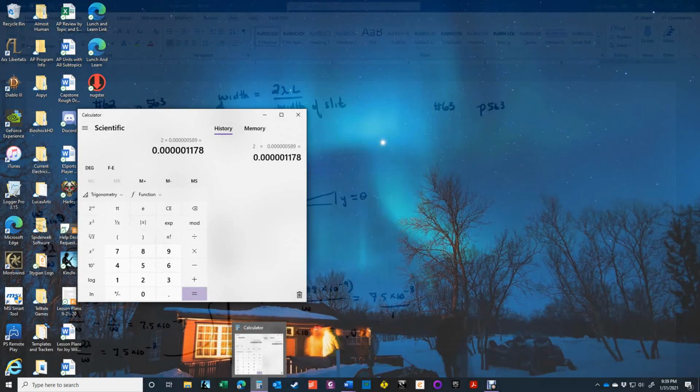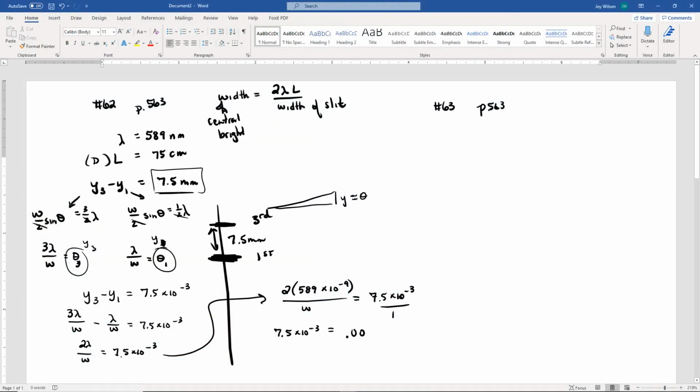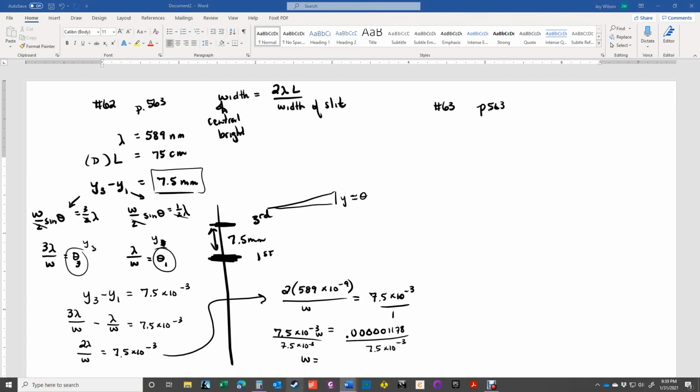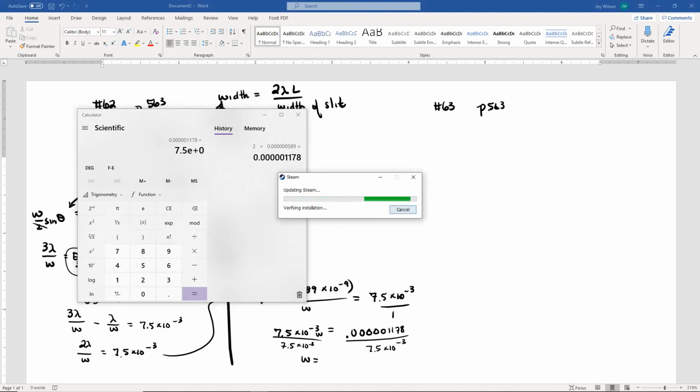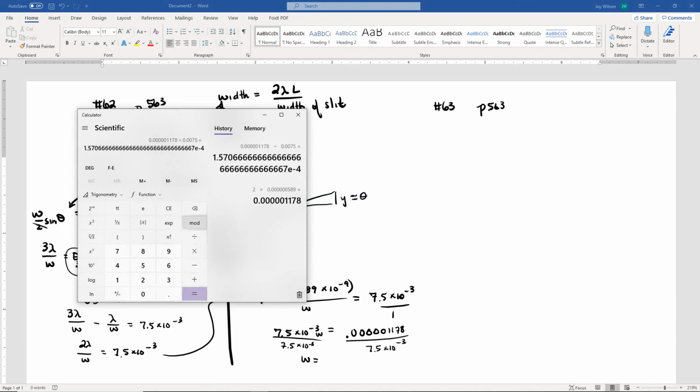Okay, now I can go back. 1, 2, 3, 4, 5, 1, 1, 7, 8. And this is W. So then I divide both sides by this. And I get the slit width is, come back over here, calculator, divide that number by 7.5 E, 3 negative, equals 1.57 times 10 to the negative fourth.